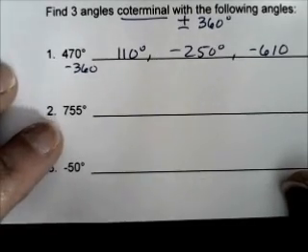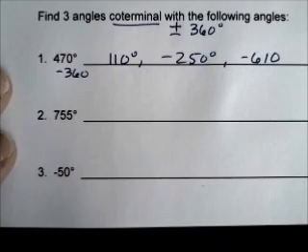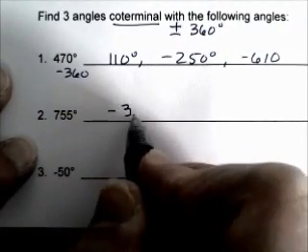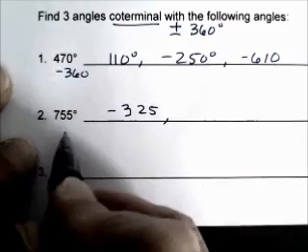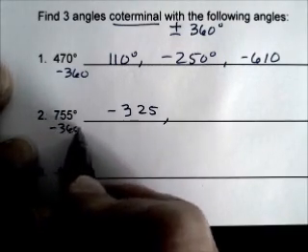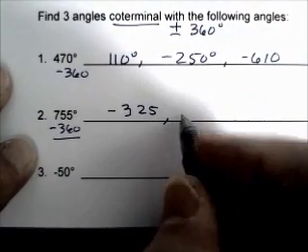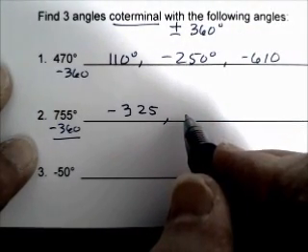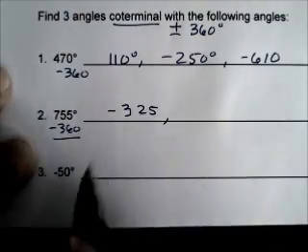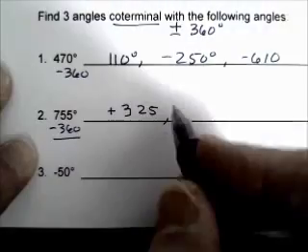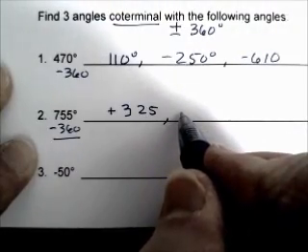Next, for 755, if I subtract 360, you get -325. Subtract another 360, I'm at positive, I'm sorry, that's positive 325.